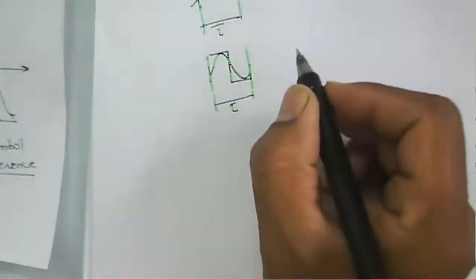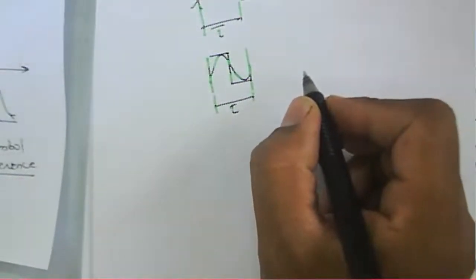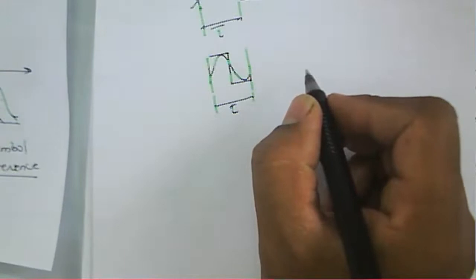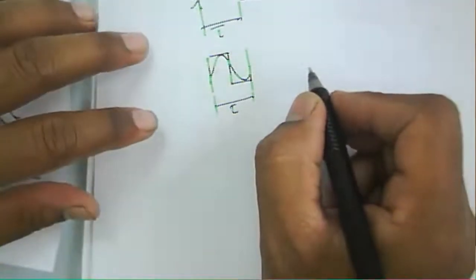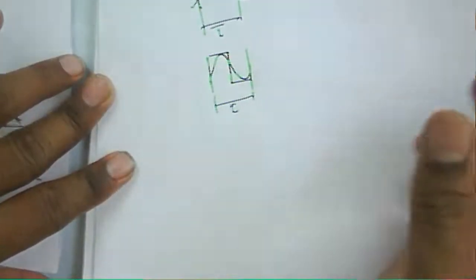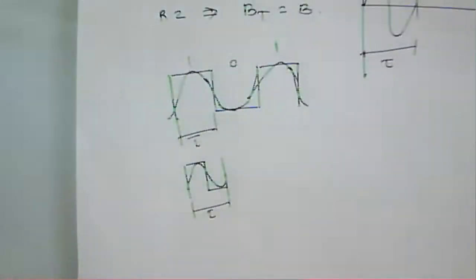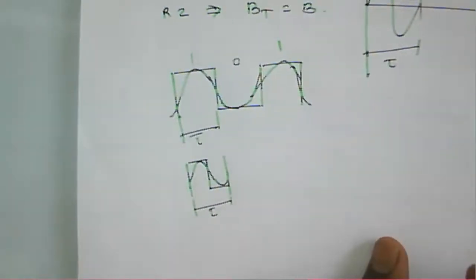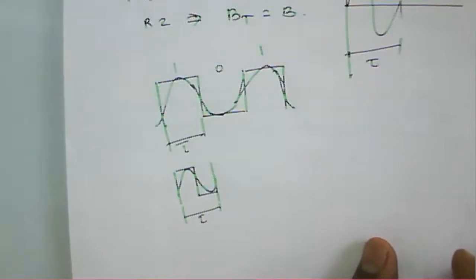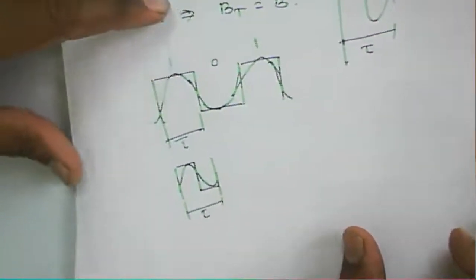So if we are using a single mode fiber, then the dispersion is small, because the error in the case of that fiber is small. But if you use a multimode fiber, then they have the dispersion.